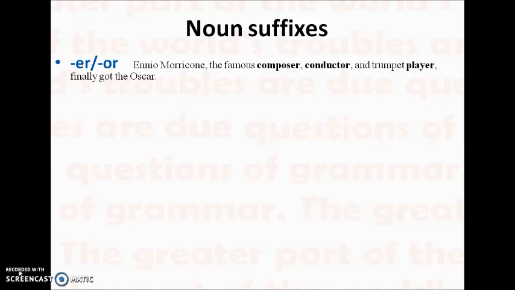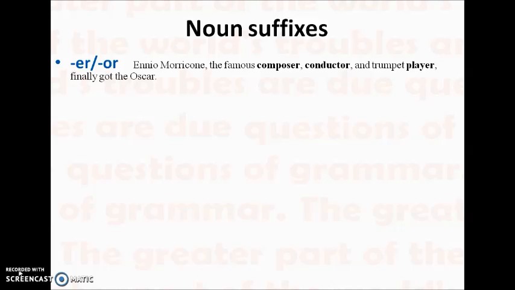First, we have suffixes that turn a word into a noun. I will always read the suffix and then the example words. Feel free to stop the video and read them at your own pace. Okay, first we have suffix -er, like in composer, conductor, or player.